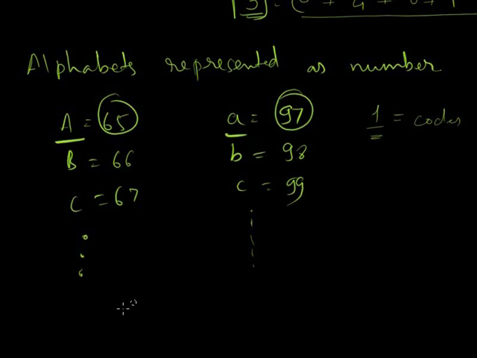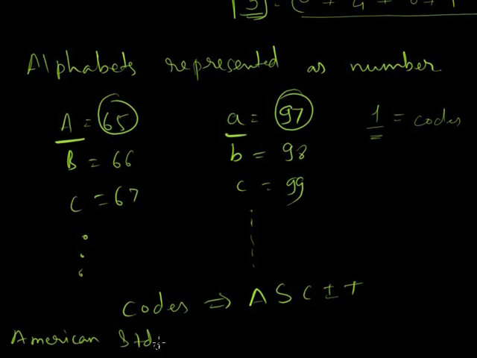These codes are called ASCII codes. ASCII: American Standard Code for Information Interchange. It would be better if I write it.